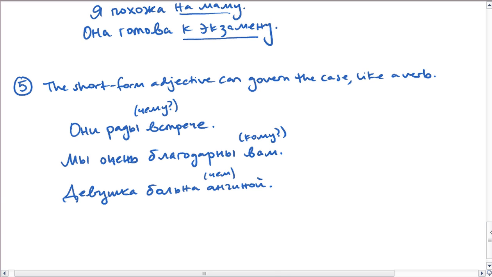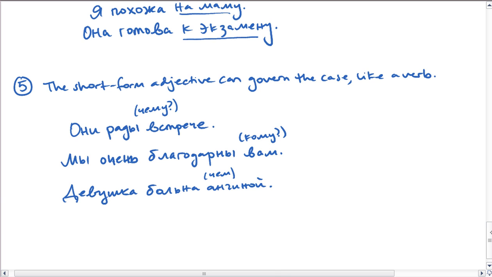If the adjective is going to govern the case, then it's got to be the short form. If it's a formal bookish style that you're going for, choose the short form. If it's spoken colloquial, just regular Russian, then you're probably going to opt for the longer form.